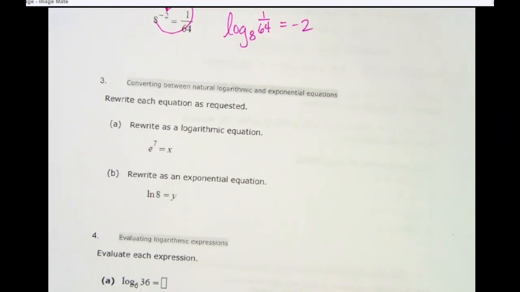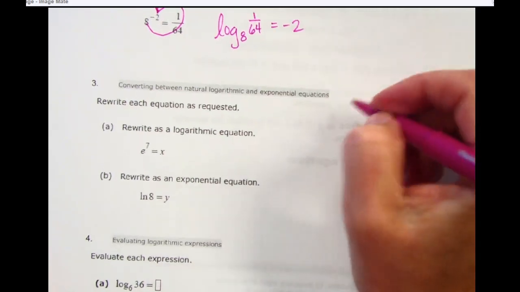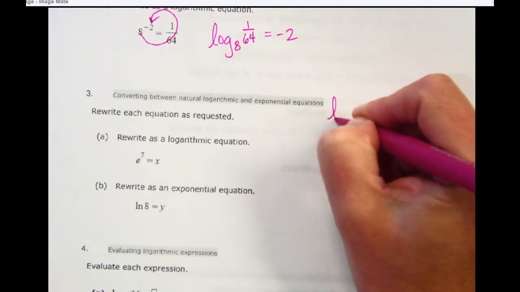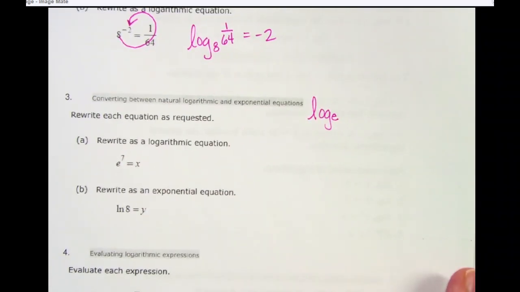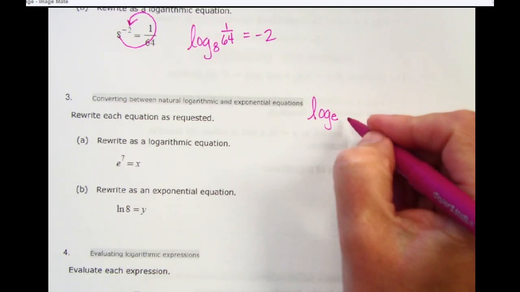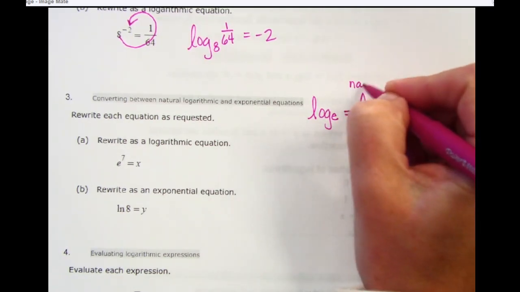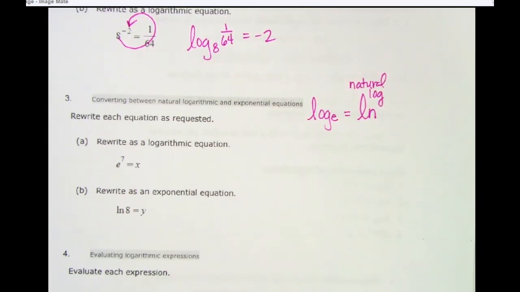Rewrite as a logarithm equation. I do want to put this here. So log base e, which we never see written as log base e, is known as the natural logarithm. So it's ln.